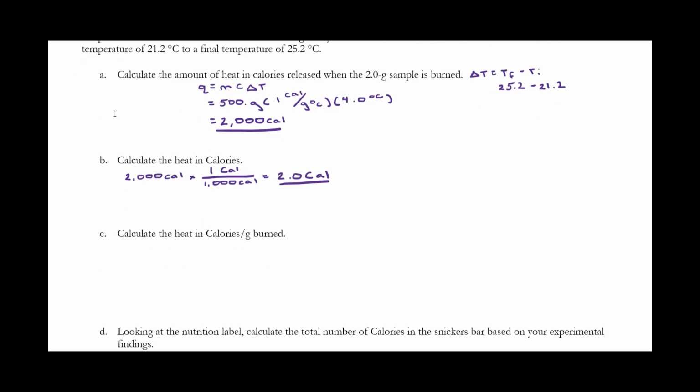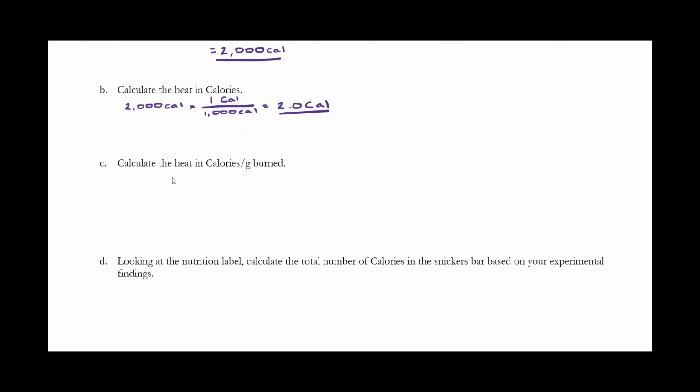Then it says calculate the heat in calories per gram. Well, I have 2 capital calories burned, and I burned 0.5 grams of my candy bar. So instead of dividing by 1 like I did in the previous problem, I'm going to divide by my 0.5 grams. So what I get is 4.0 calories per gram.